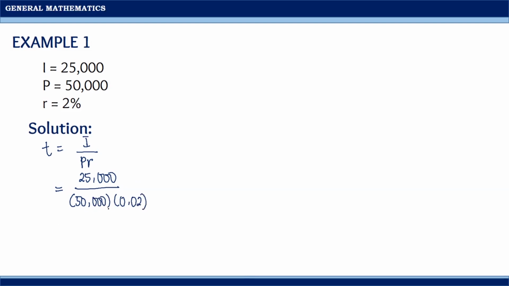In this case, simplify first the denominator by multiplying 50,000 and 0.02. We will have 25,000 over 1,000. Then divide 25,000 by 1,000, then time or the final answer will be equal to 25 years.